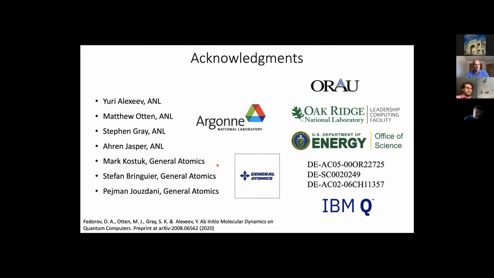We're doing right now still the STO-3G basis set, which is obviously a very small basis set. You really want to go to 6-31G star or even larger basis sets. That will require a lot more qubits. The largest we can do is probably maybe 40 qubits on a supercomputer.